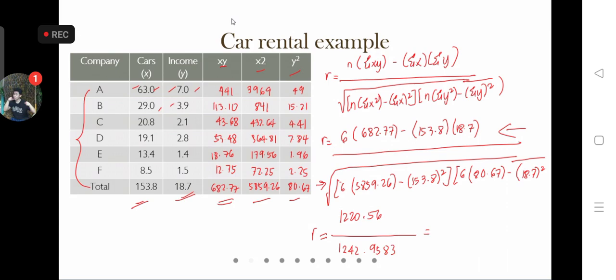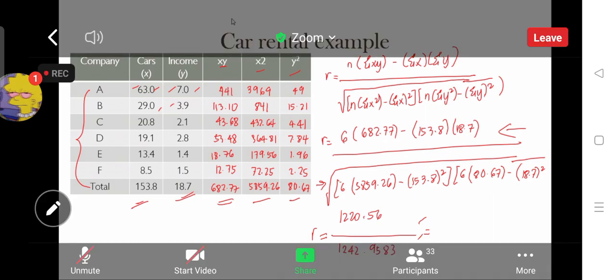Okay, so what is the value of R? What is our R? 0.9820, miss.